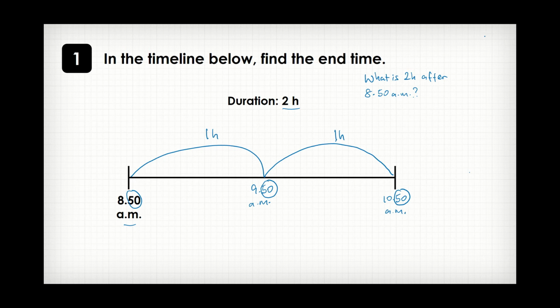If you count forward in hours, 8:50 a.m., 1 hour later, 9:50 a.m., 1 hour later, 10:50 a.m. So that is not too difficult.